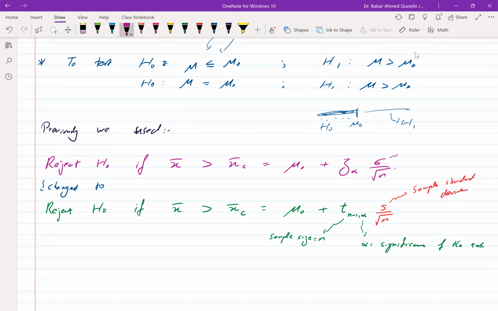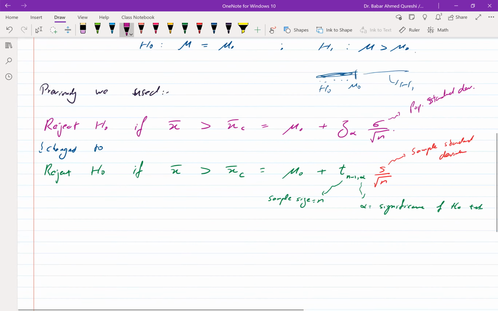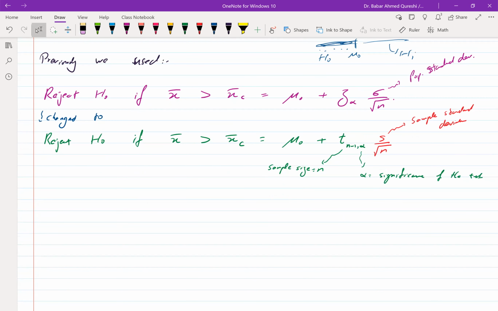While this was the population standard deviation, which you are assuming that you don't know, so you use the sample. So it's exactly the same, just replacing z standard normal with the t and population standard deviation with the sample standard deviation.